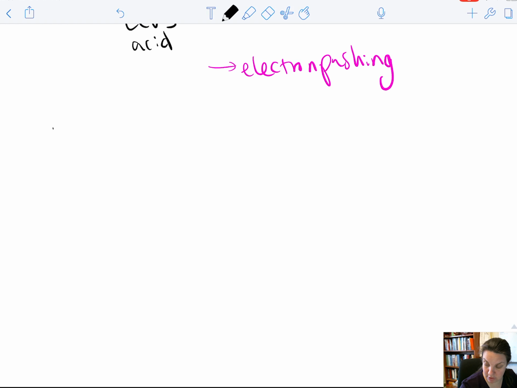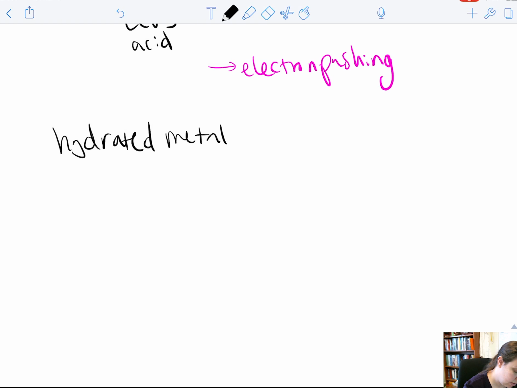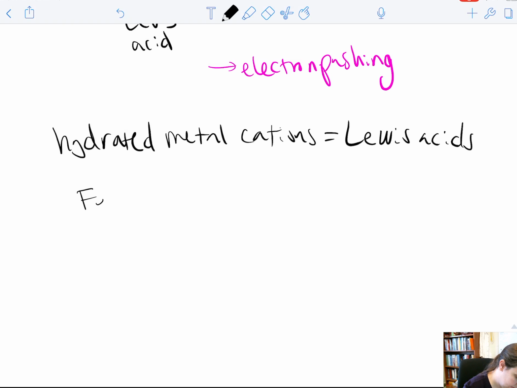Another thing, hydrated metal cations are also Lewis acids. So something like Fe(H2O)4 3 plus, something like that.